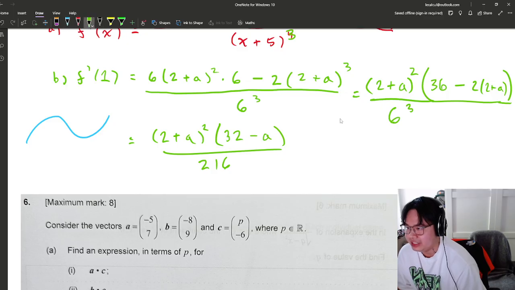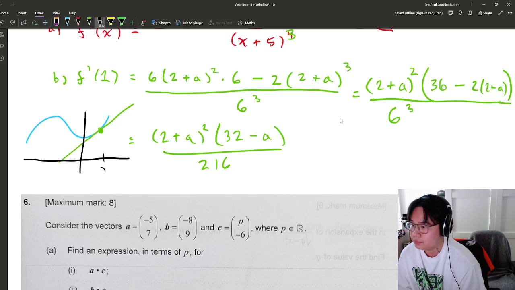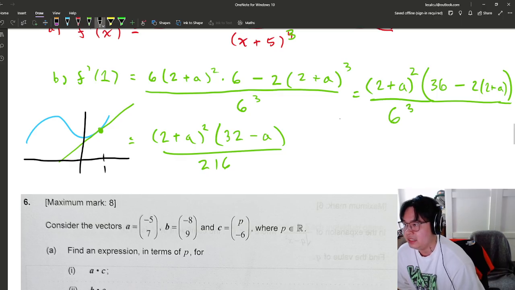It has a tangent, this is where x is 1, and they're saying that this angle is 70 degrees.